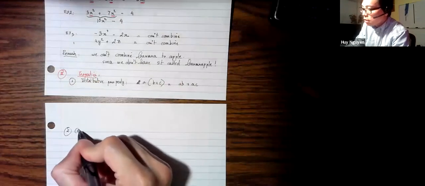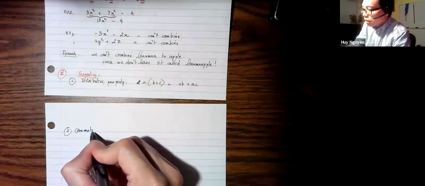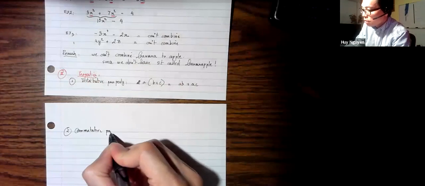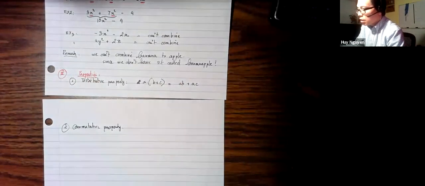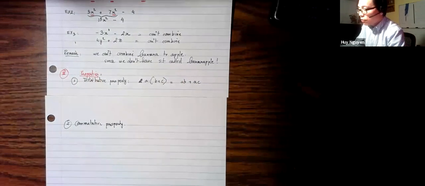And the second property I want you to know is called the commutative property. This property can be in multiplication form or in addition form.